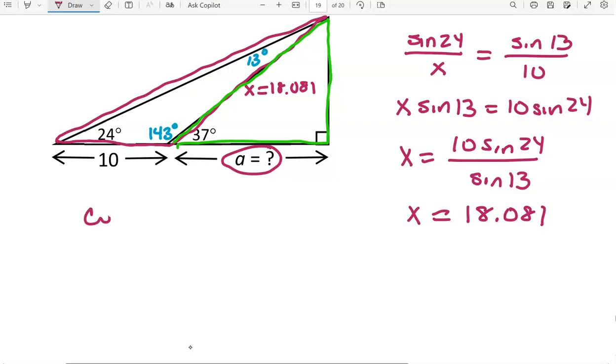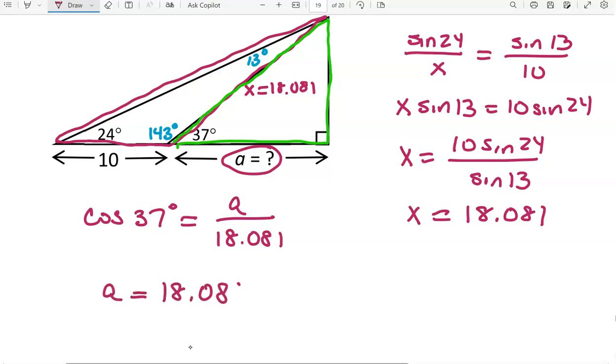So that means we're going to use a cosine ratio. Cosine of 37 degrees is equal to A, the adjacent side, divided by 18.081. That means that A is 18.081 times the cosine of 37 degrees.